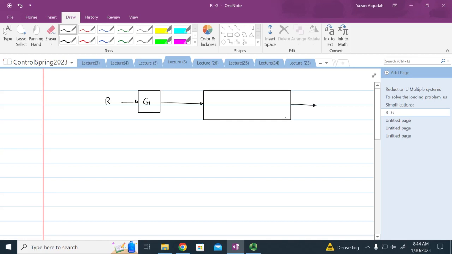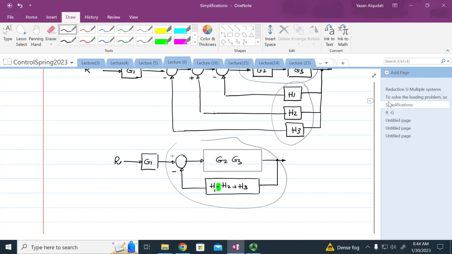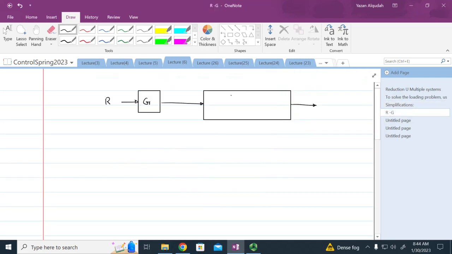Can anybody read me, if you took the notes, what the equivalent of all this is going to be? It's going to be G over 1 plus G multiplied by H. So it's going to be G, which is G2, G3, divided by 1 plus G2, G3 multiplied by H, which is H1 minus H2 plus H3.